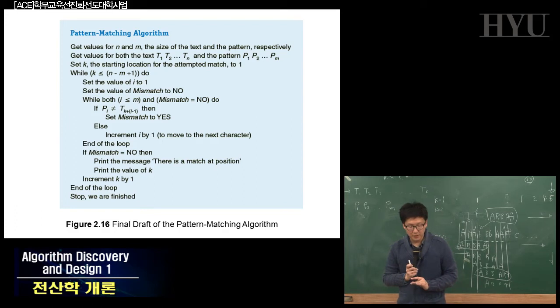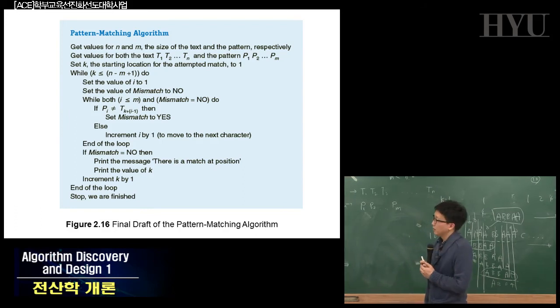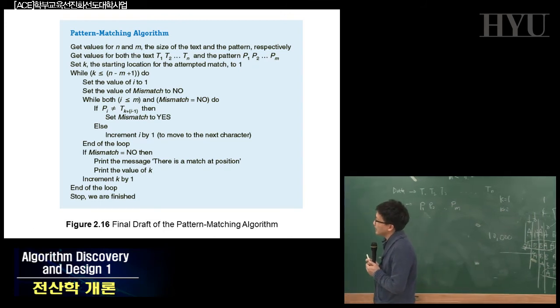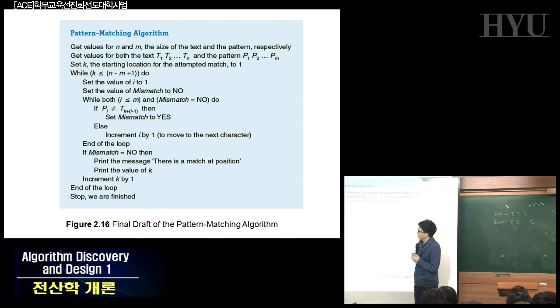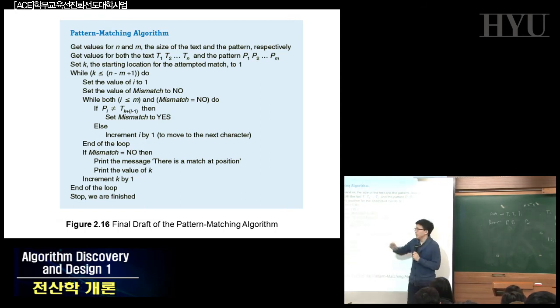First draft of a pattern matching algorithm. Well, first three lines same. While k is less than or equal to n minus m plus 1. Let me just look at the structure. There is a big while loop, and there is a smaller while loop inside. See?